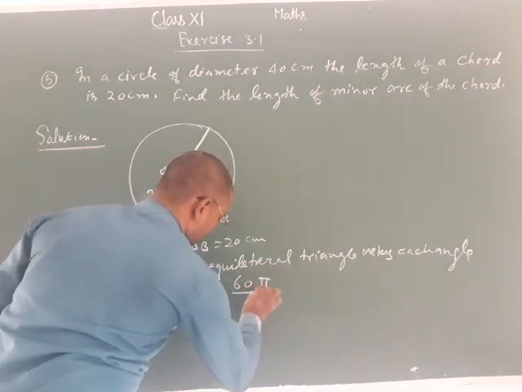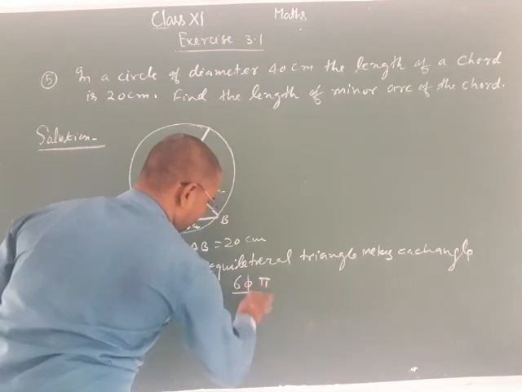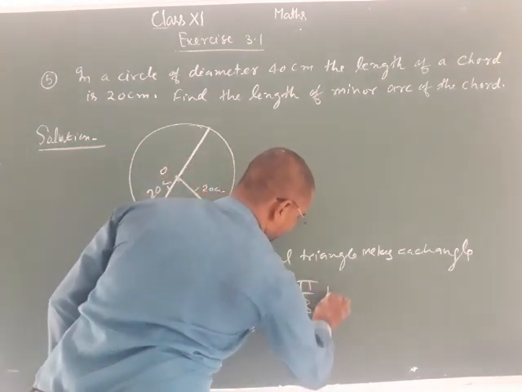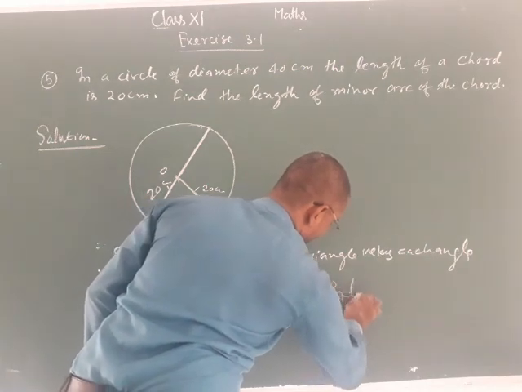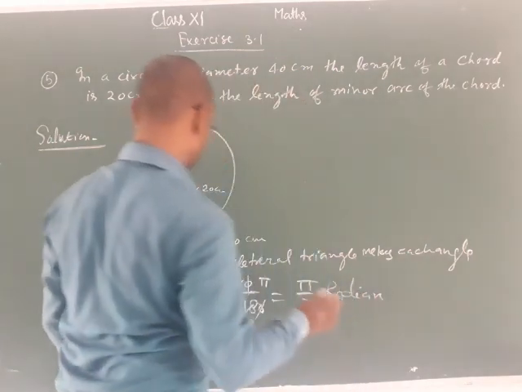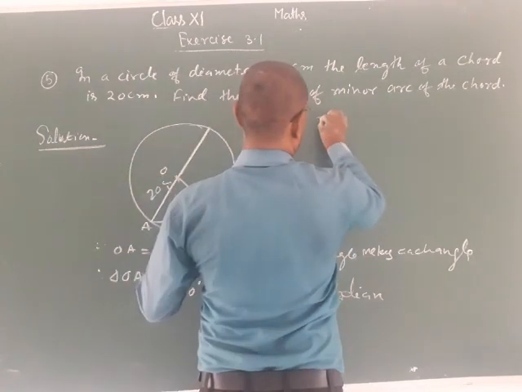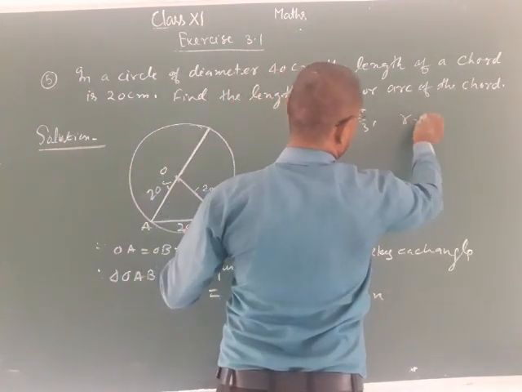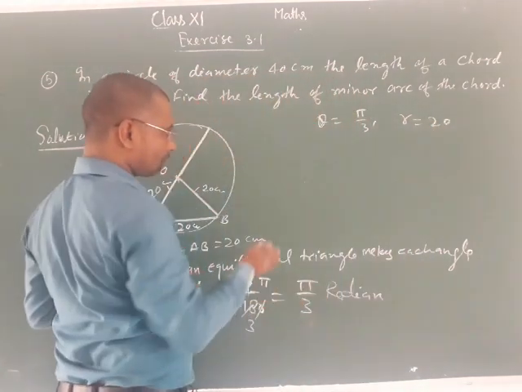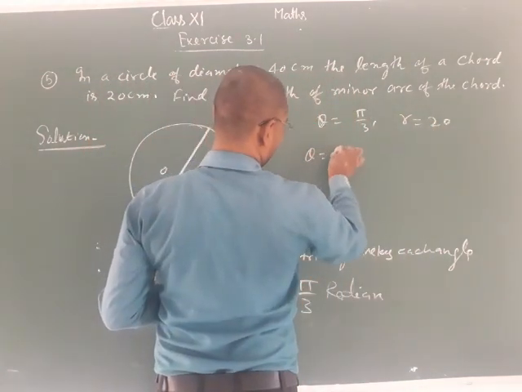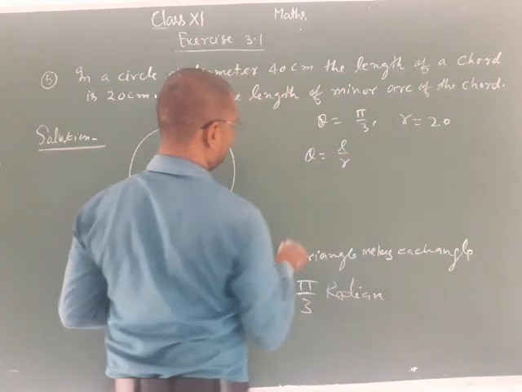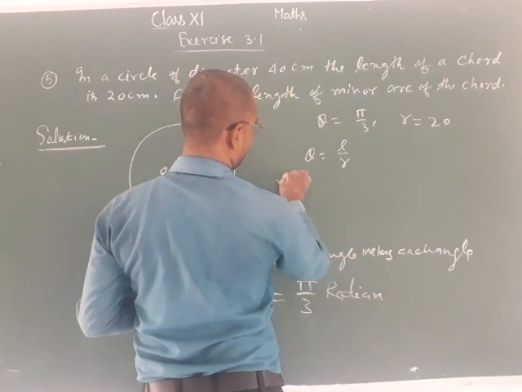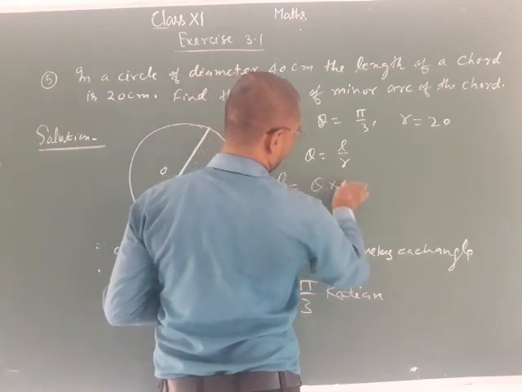So change into radian, 60 into pi upon 180. So 60 degree is equal to pi by 3 radian. So theta is equal to pi upon 3 and r is equal to 20. Now theta is equal to L upon r, so arc L is equal to theta into r.